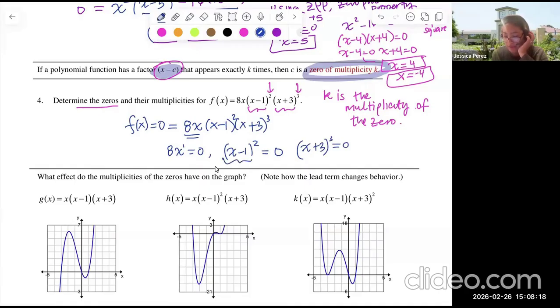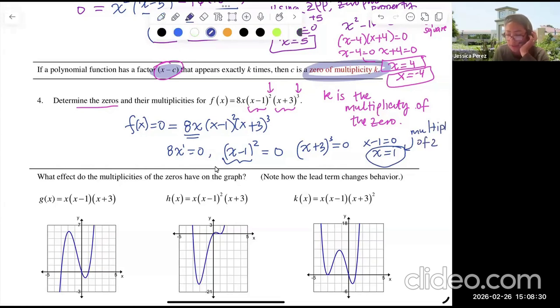This individual factor, x - 1 set equal to 0, I get x equal 1, with multiplicity of 2. Why multiplicity of 2? Well, because the power of x - 1 was 2.